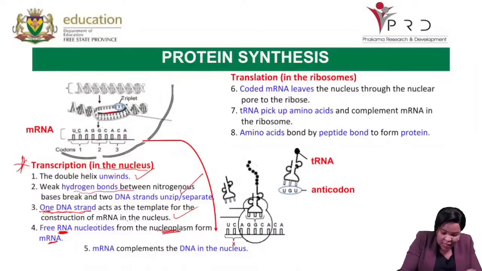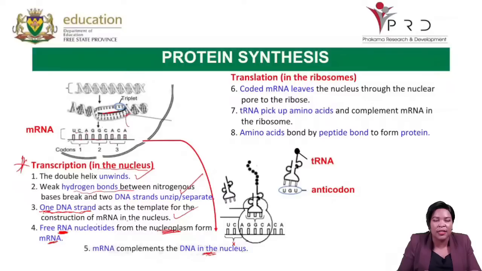So all of these U, C, A, G, C, A are complementary to the original strand that formed a template to form the mRNA. Then mRNA complements the DNA in the nucleus. So this is what we were just talking about. All this mRNA that is formed, the nitrogenous bases are going to complement what you had in the DNA strand, that one strand that formed a template.